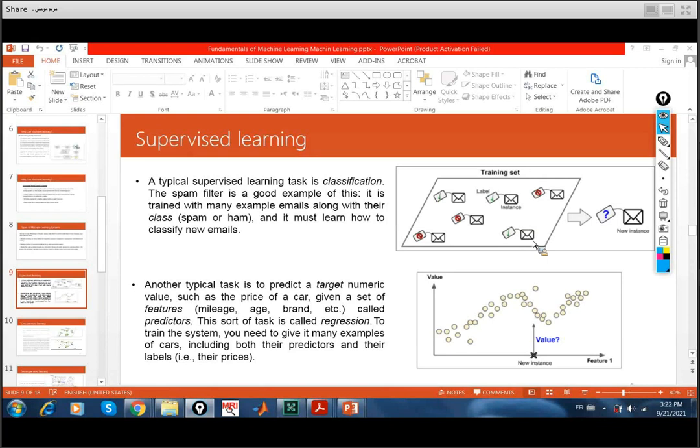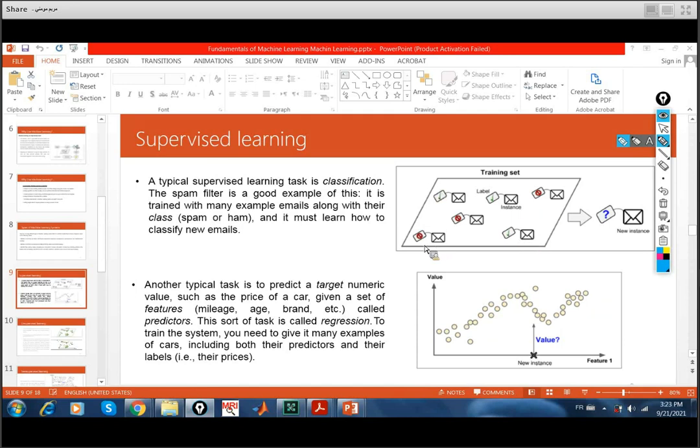We must label this email is okay, this email is spam, this email is okay, this email is spam. We must label each data, and then we feed this data to the machine learning algorithm.